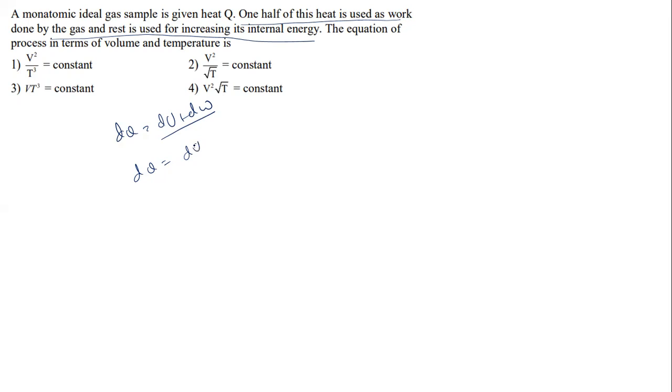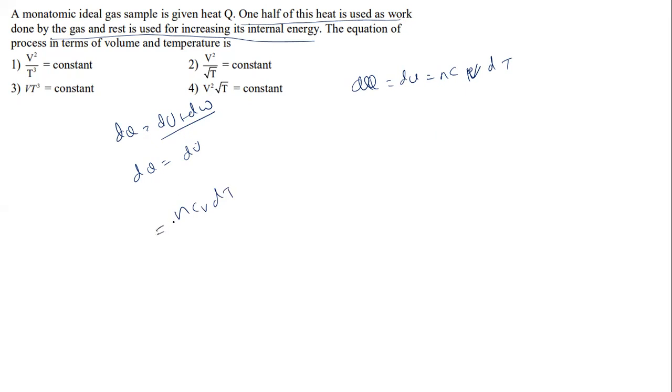How do you write it for a gas at constant volume? So dQ is equal to dU is equal to Cv into dT, so this will be n Cv dT.